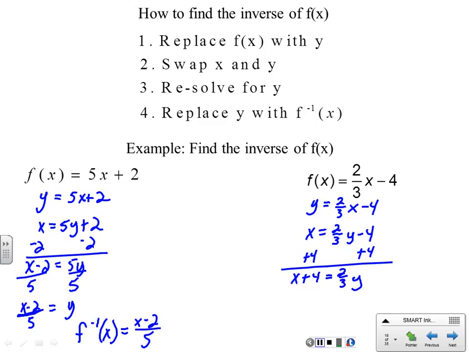And then, to get rid of a fractional coefficient, do you remember what to do? Multiply by the reciprocal. So we're going to have 3/2 x plus 6 is equal to y. So the inverse of x is going to be 3/2 x plus 6.